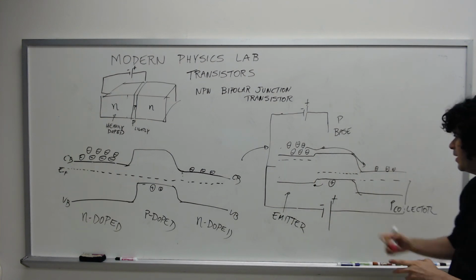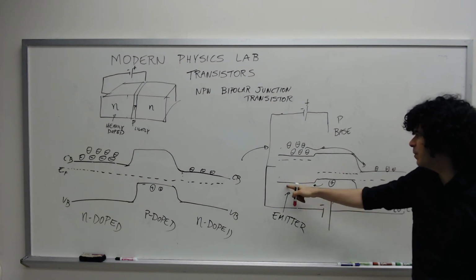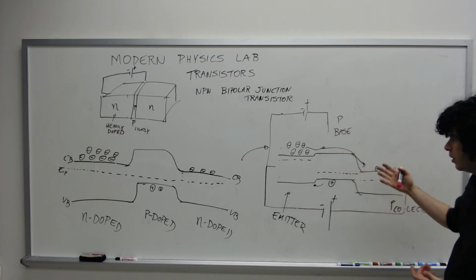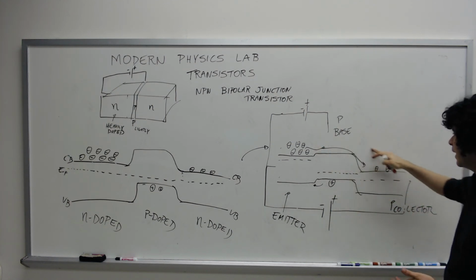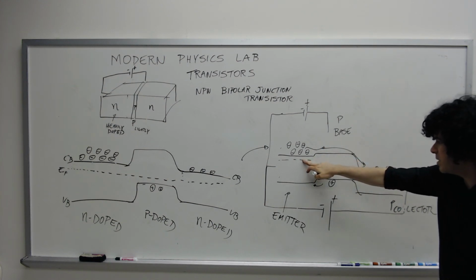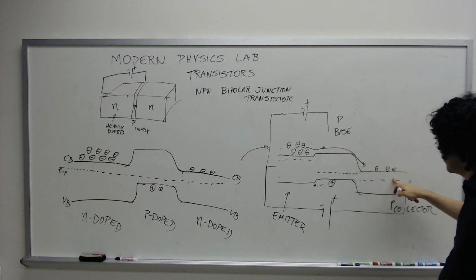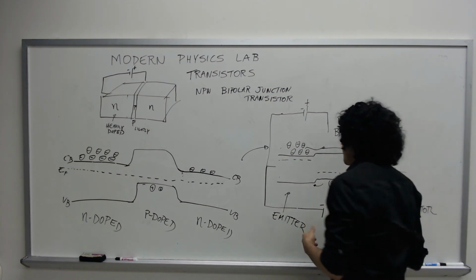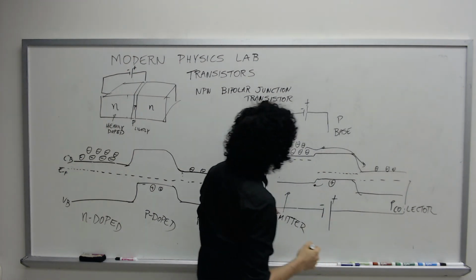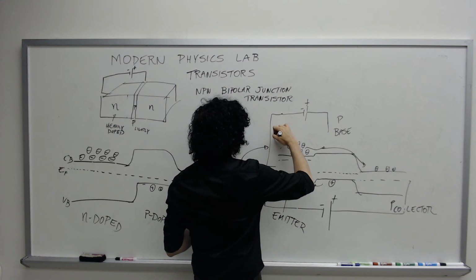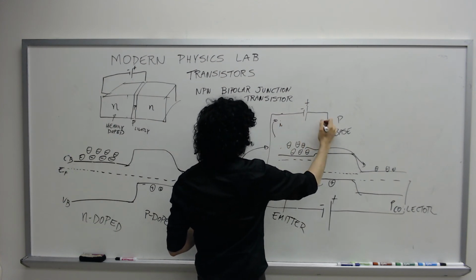There are not many holes here, so this current will be very small. But the number of electrons traveling from the emitter to the collector is very large. And by convention, if the electrons are moving this way, the holes are moving this way, so this is the current.